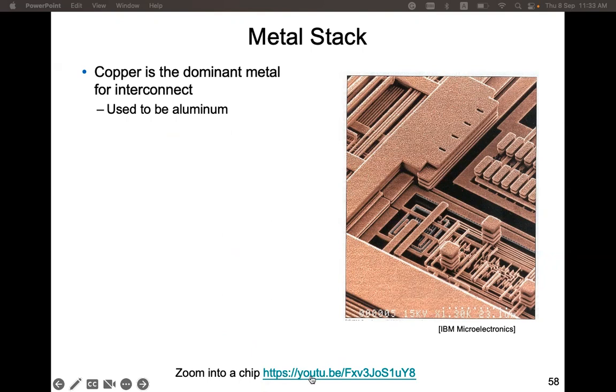Here is a video showing the chip structure.